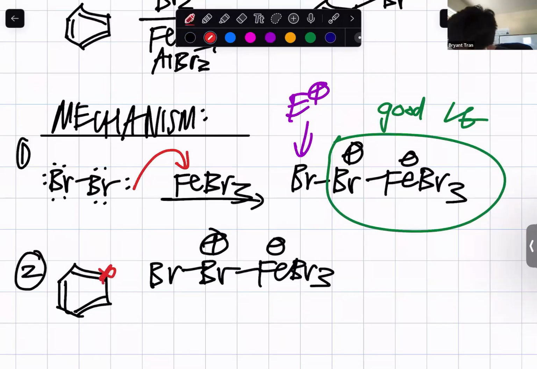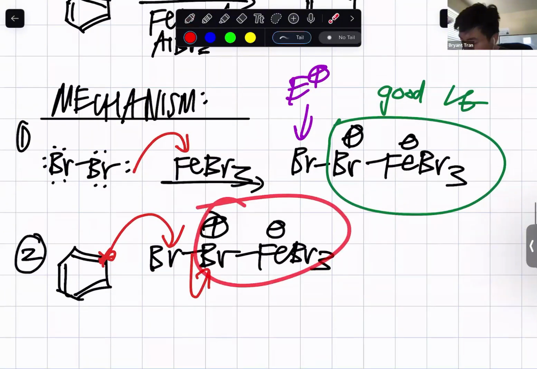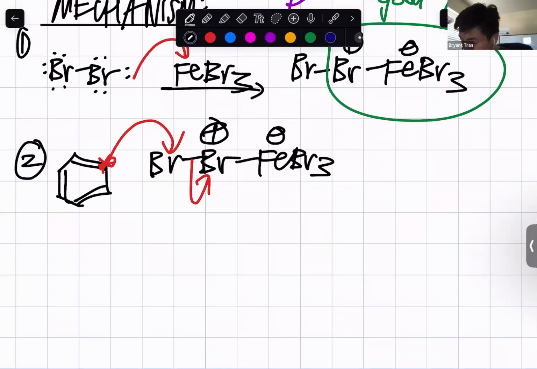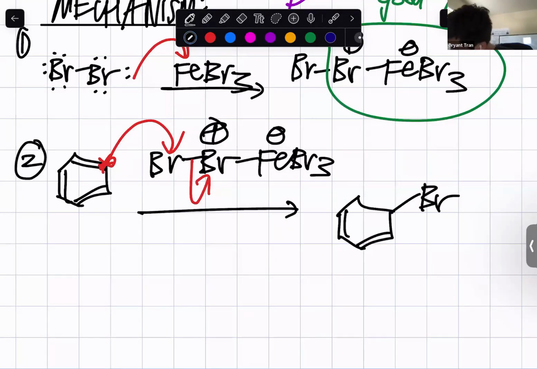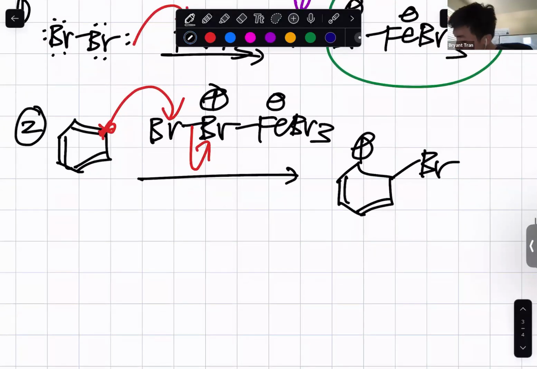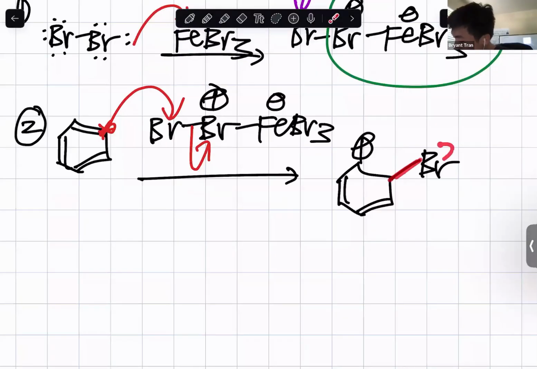So that is going to be the carbon that's nucleophilic attacking that electrophilic bromine, and then kicking out that good leaving group right there, which will give us a non-aromatic intermediate right here, where we have a new bond between the carbon and bromine right there. And we broke the aromaticity because there is an sp3 carbon here. There's no full conjugation here now.